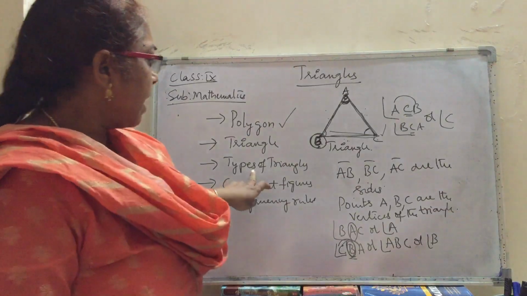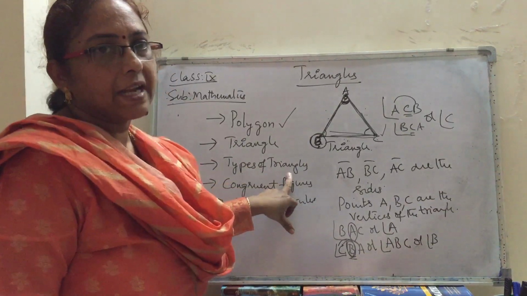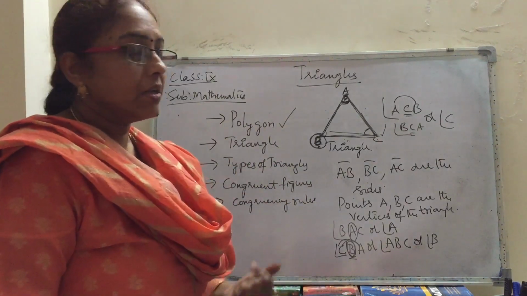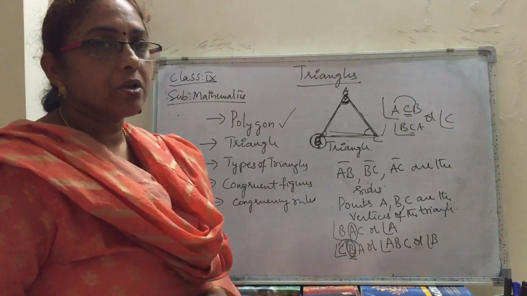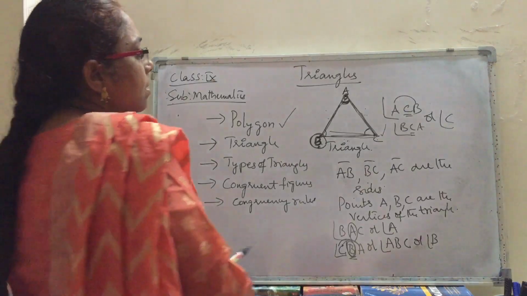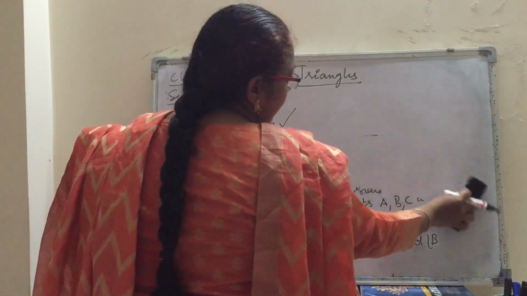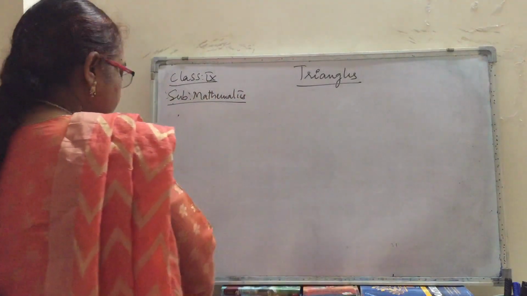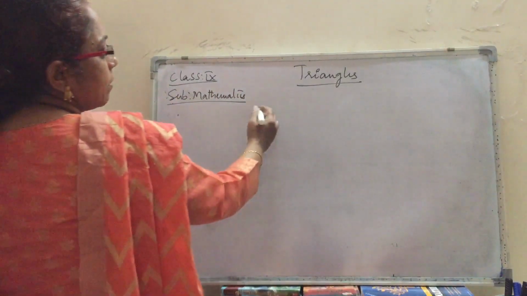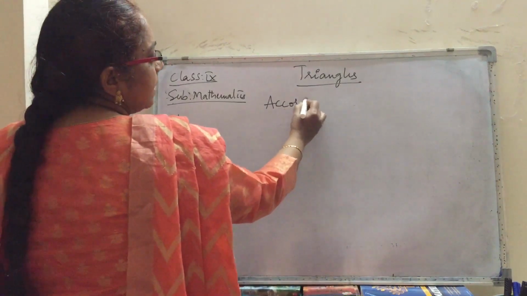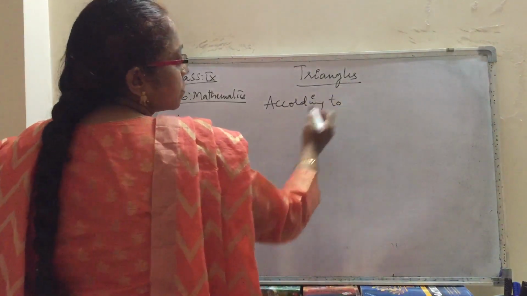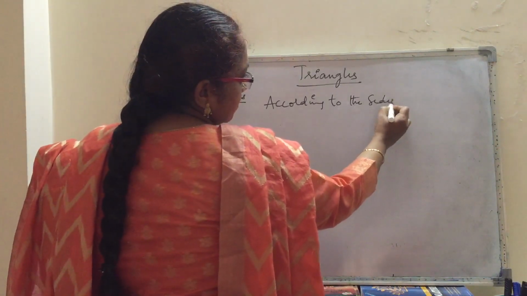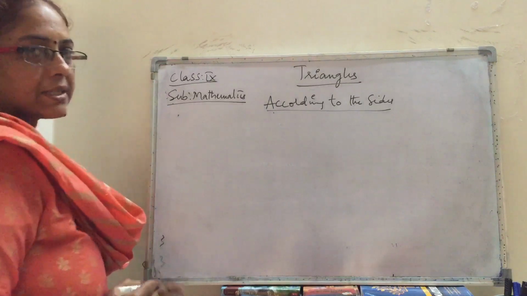Now we will discuss the types of triangles. Triangles are classified into 2 types, children: according to sides and according to angles. First we will see according to sides what different triangles we have. We compare the sides.